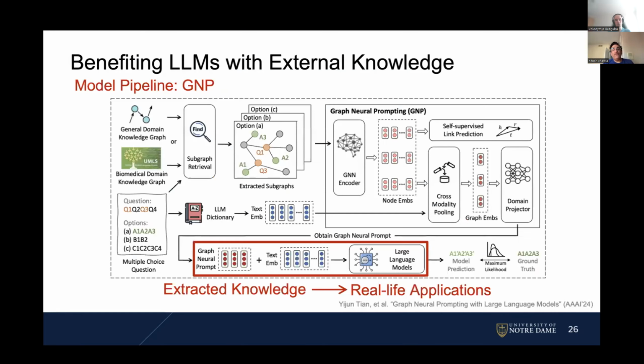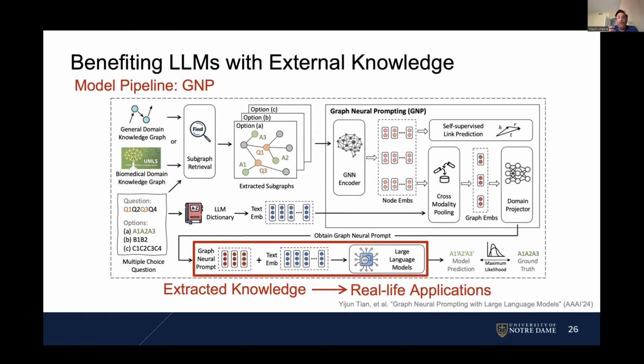So the way we have worked on this domain is, as step one, we were given a knowledge graph or a general domain knowledge graph. We do a subgraph retrieval and we extract subgraphs from this knowledge graph. And then we get an LLM dictionary, wherein we have the words and how they occur. We get that and we convert that into a text embedding.